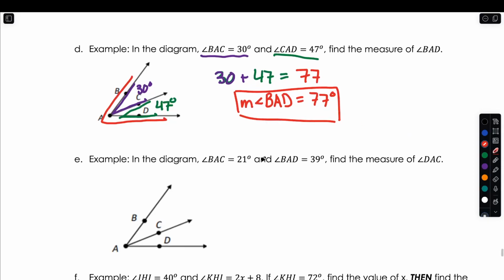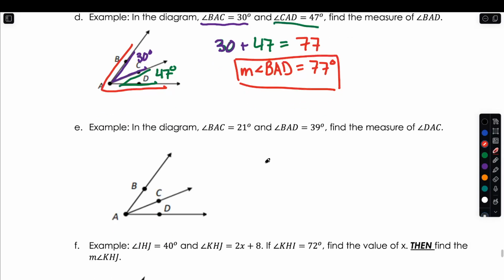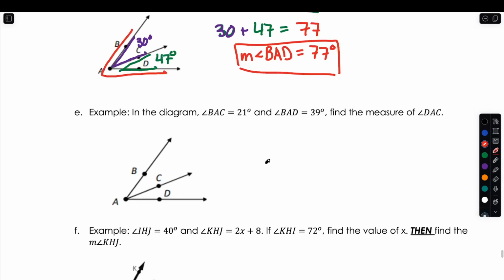Example E, in the diagram, angle BAC is equal to 21, and angle BAD is equal to 39. Find the measure of angle DAC. So let's, again, write down our information. BAC is 21 degrees. Notice this next one, BAD, that's the whole angle.